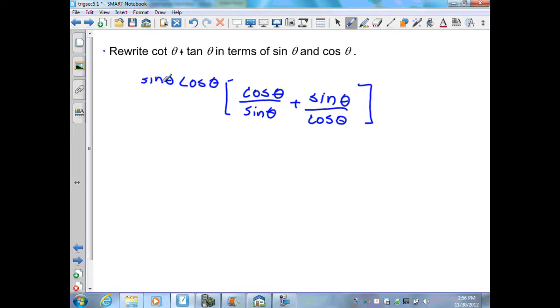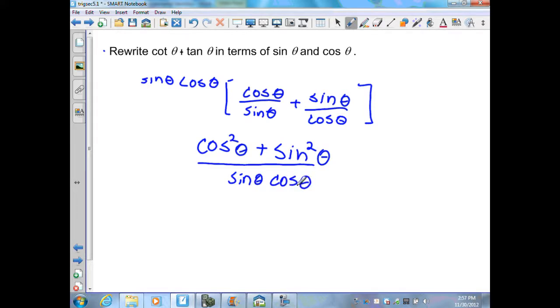The sine thetas will cancel out, giving me cosine squared theta. And when I multiply the second term, the cosine thetas will cancel out. That will give me sine squared theta. And that will give me a common denominator of sine theta, cosine theta.